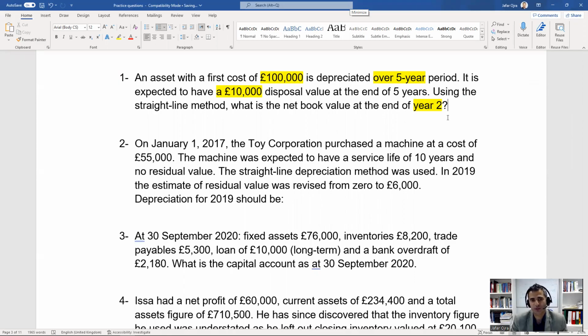Now this topic talks about depreciation. Depreciation is a very important topic in accounting. What is the purpose of depreciation? It's to depreciate the fixed assets. Businesses have fixed assets such as equipment and cars. When the businesses bought these fixed assets, they bought them at the full market value. Of course, these fixed assets reduce in value every year.